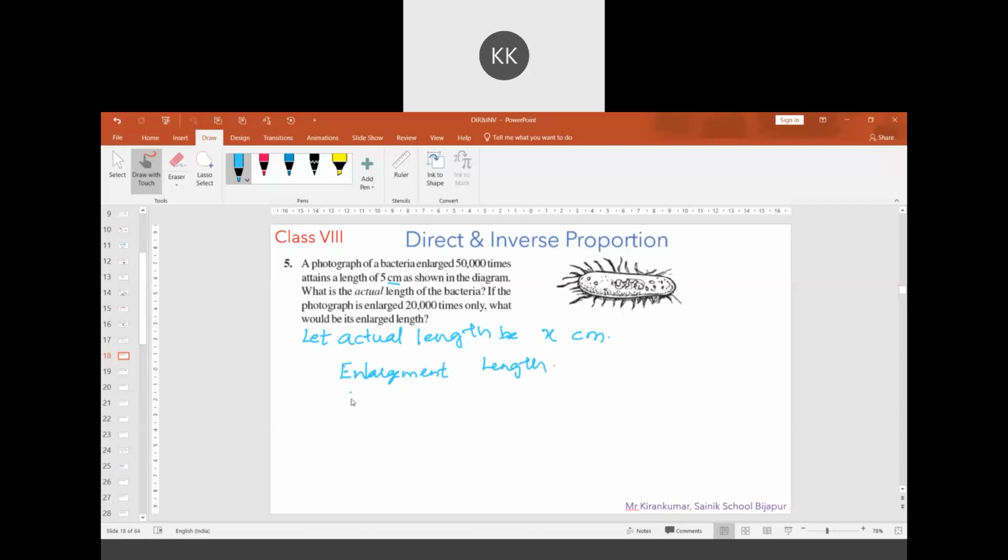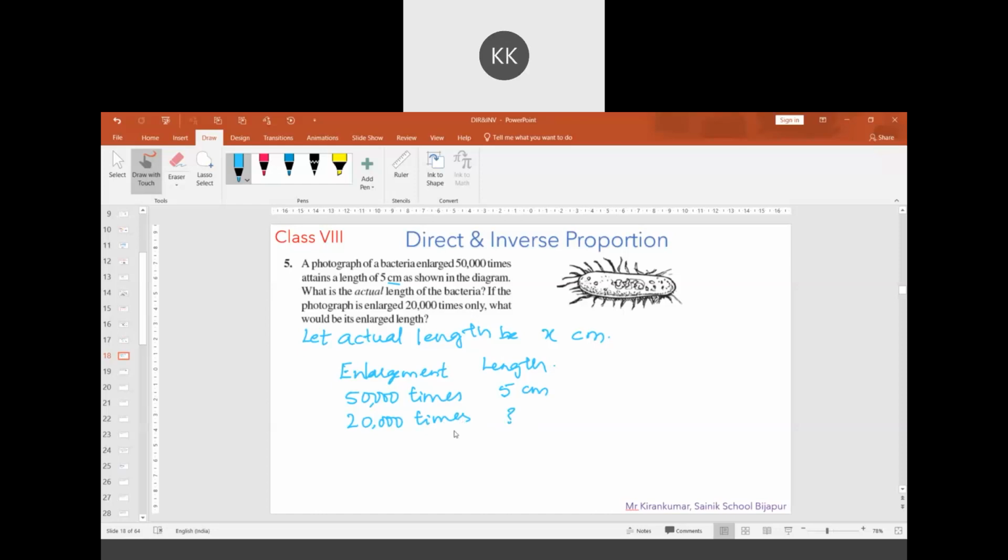If it is enlarged 50,000 times, the bacteria size is 5 centimeter in length. If it is enlarged 20,000 times, then what will be the length?